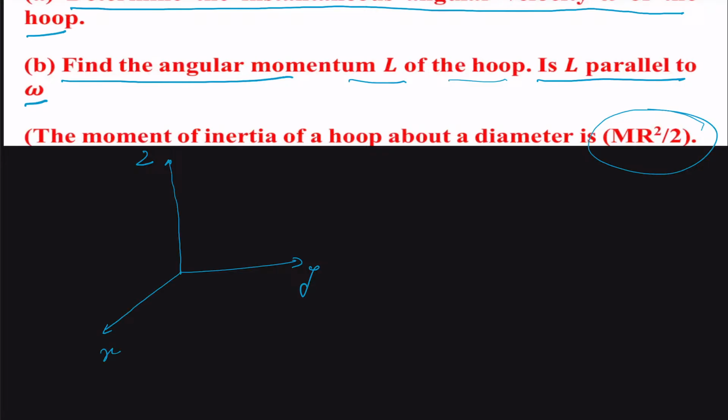This hoop is moving in a circular orbit along the z-axis, and we can just draw the hoop that will be coming something like this.